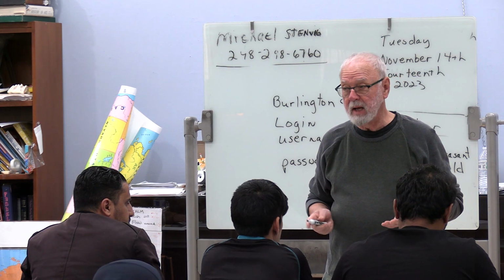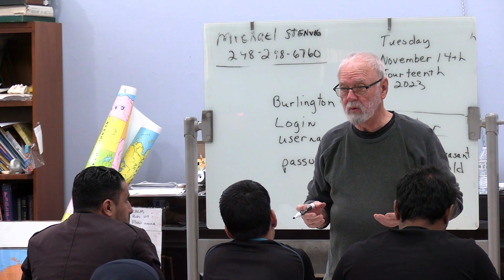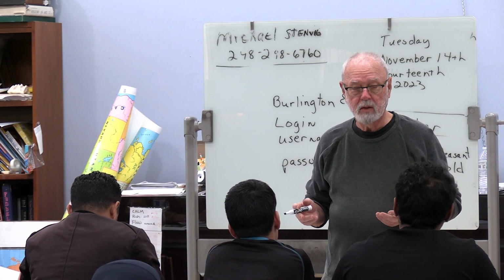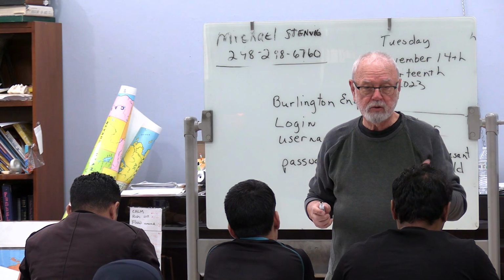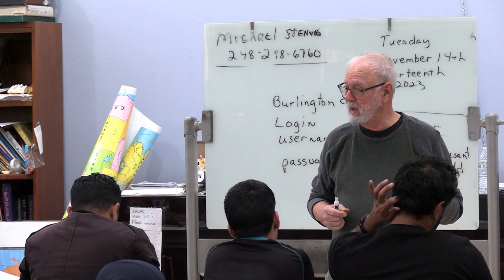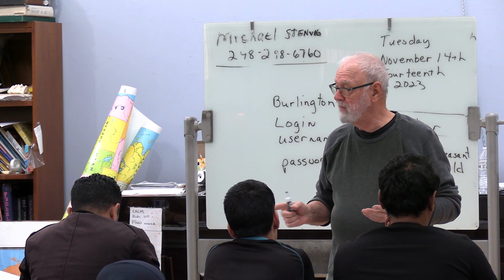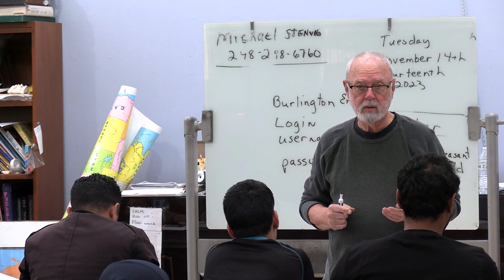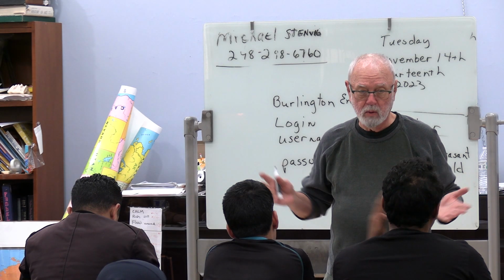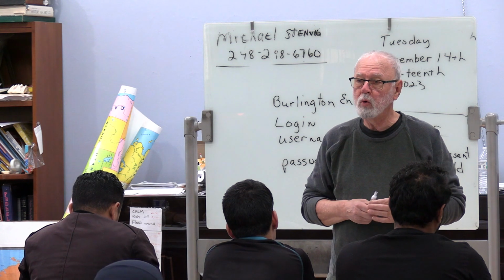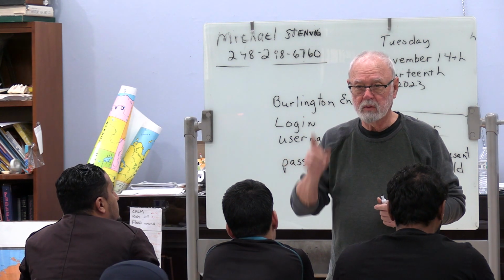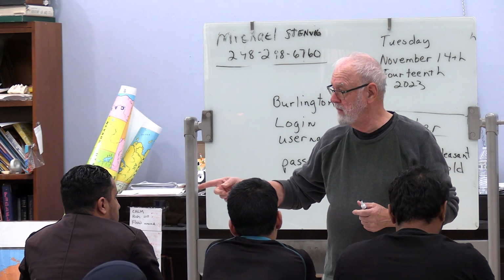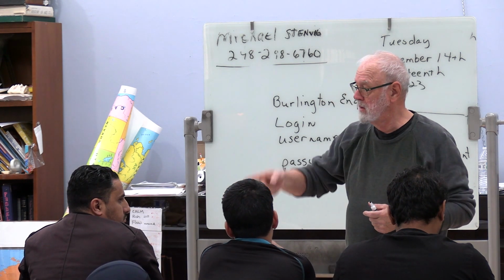Now, who here does not have a cell phone or computer at home? Anyone? Does everyone have internet at home? Yes? Does everyone have a computer at home? No. Who does not have a computer? Do you have a computer?